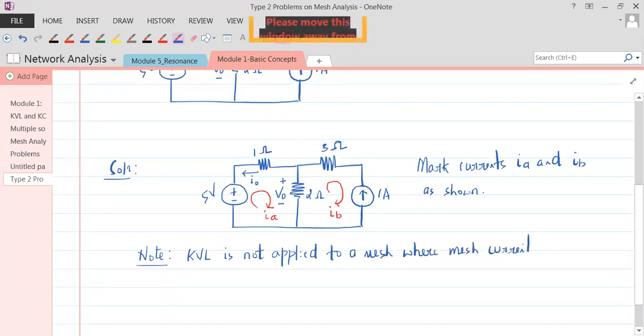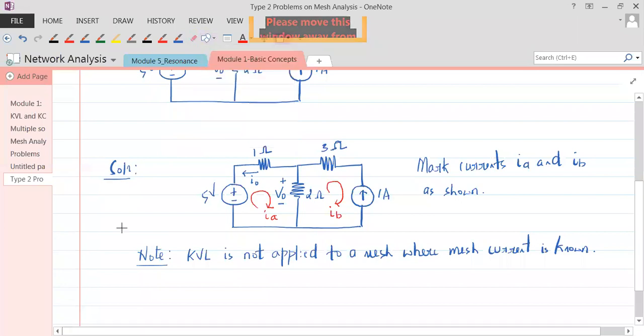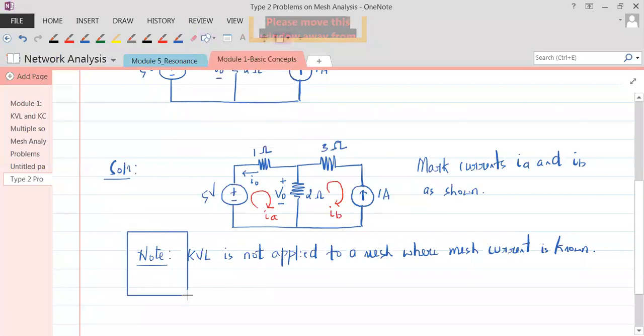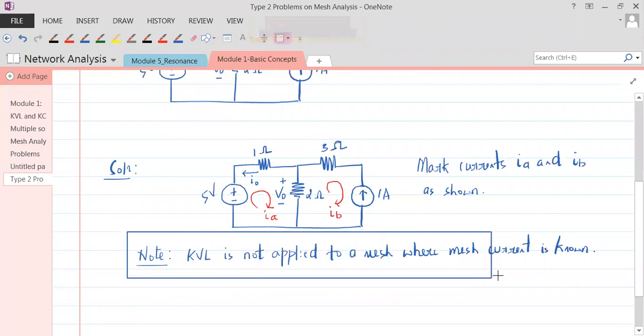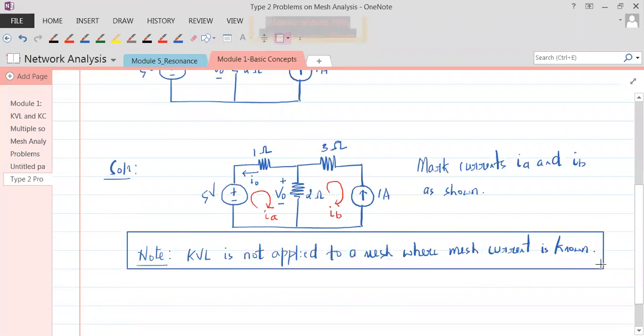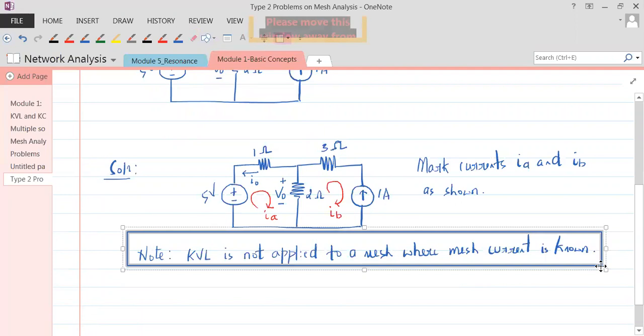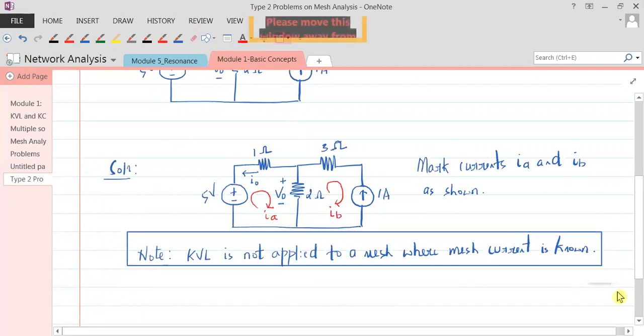This is a very important thing that we need to remember. We are not supposed to apply KVL to the meshes where the mesh current is known.